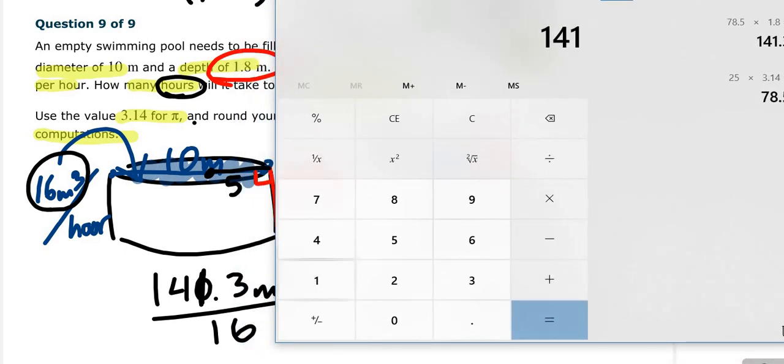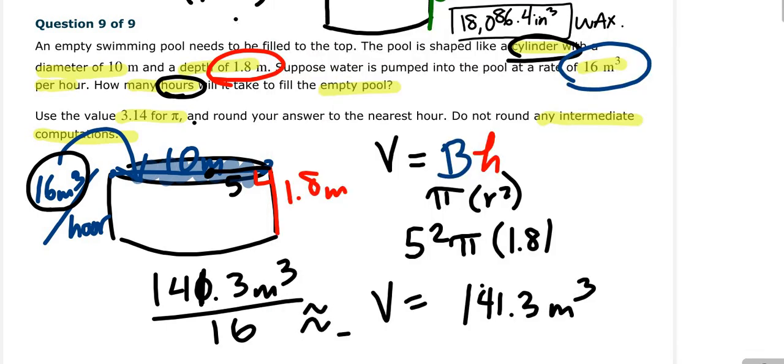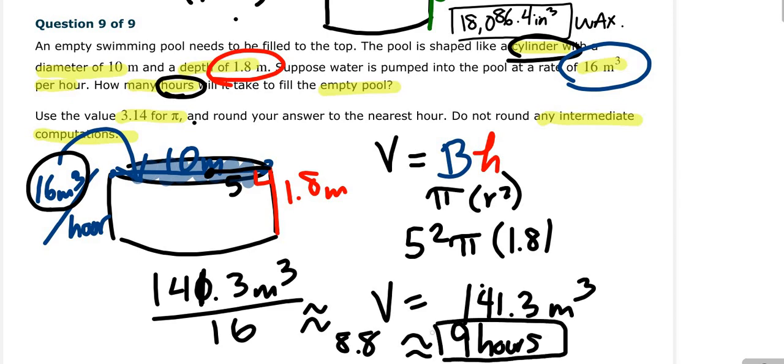So 141.3 divided by 16, and we get approximately 8.8, round to the nearest whole hour, approximately 9 hours it will take to fill that pool up.